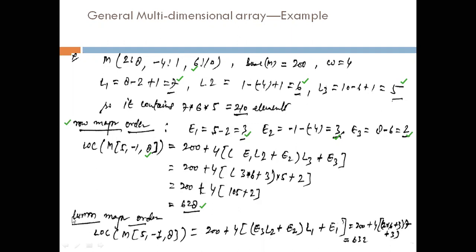And suppose the element is stored in column major order, then the formula will start from the last subscript, that is E3 L2 plus E2, multiplied by L1 plus E1. And again, after calculation, you will get 632. So in this way, you can compute the addresses of different elements of the array.